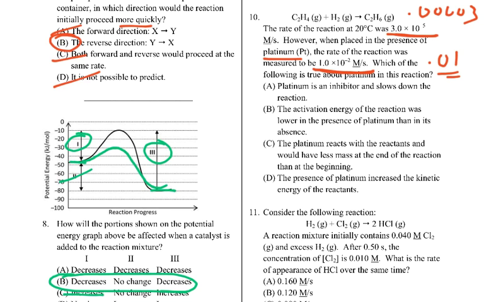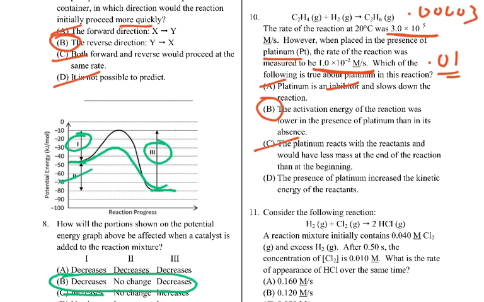So the reaction is going faster. So platinum is an inhibitor? No, if it was an inhibitor, it would slow things down. The activation energy of the reaction was lower in the presence of platinum. That sounds good because that's what a catalyst does. The platinum reacts with the reactants and would have less mass at the end of the reaction than at the beginning.